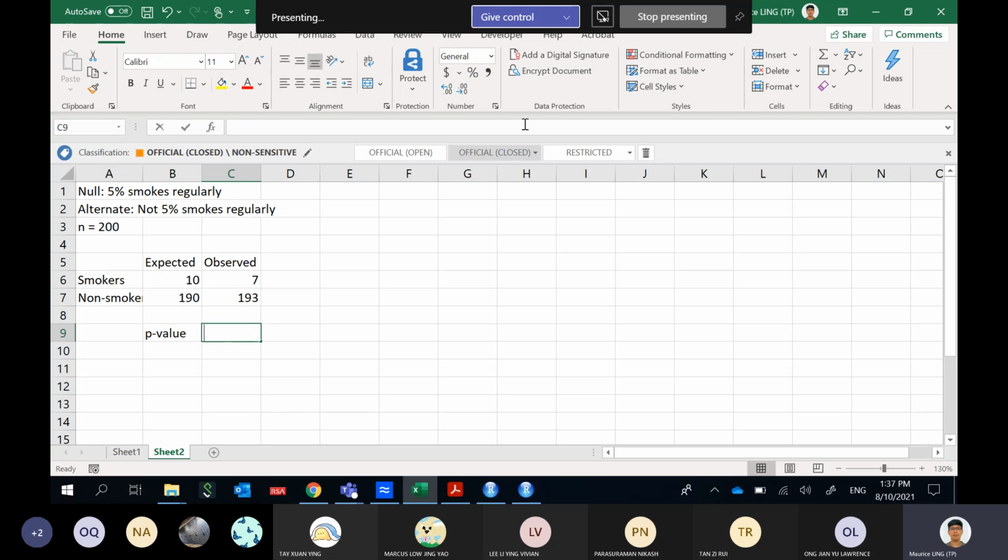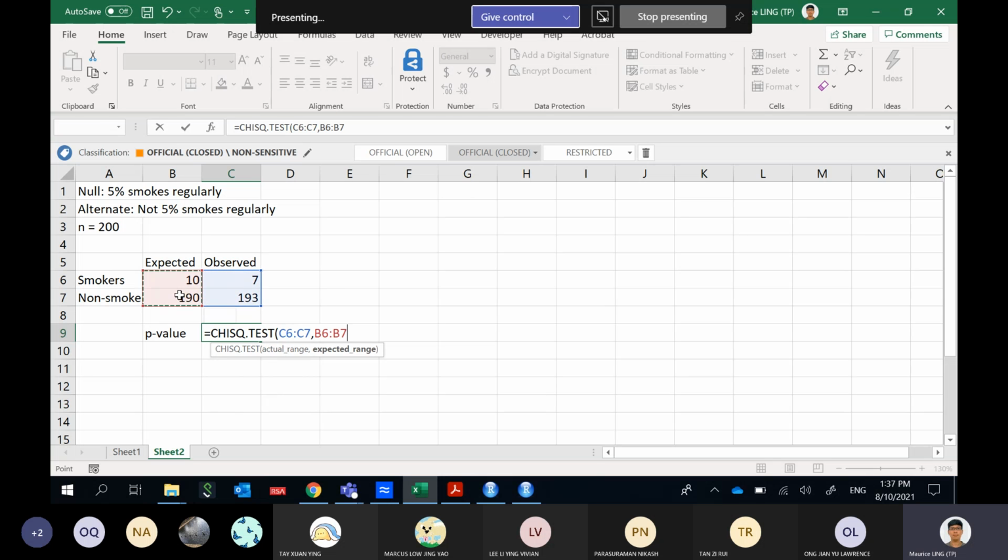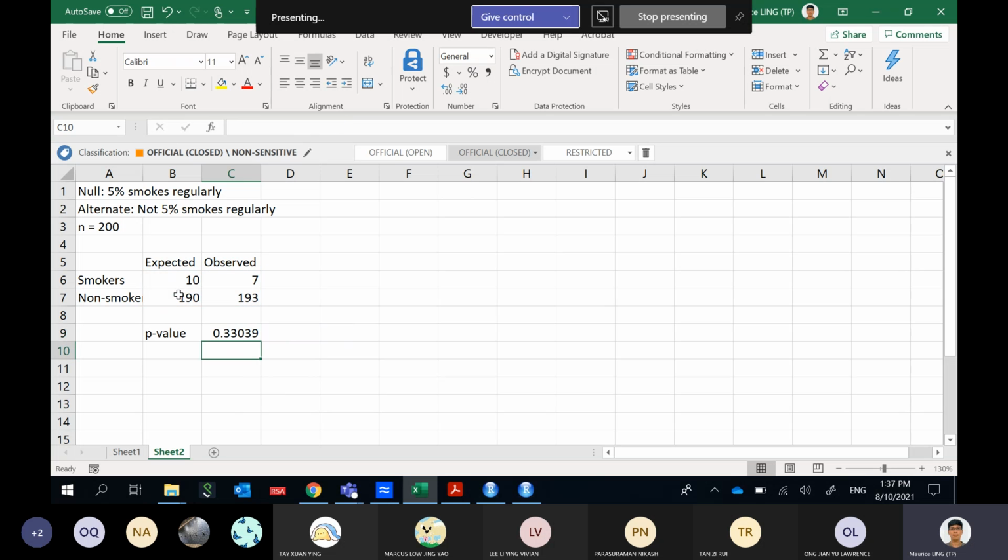The p-value, use your chi-square test. Actual range is observed. Expected range is expected. And you have 33%. So here, do you accept or reject your null hypothesis? Does it still deviate from the concept that 5% smoke regularly? No, if the p-value is lesser than 5%, then you reject.